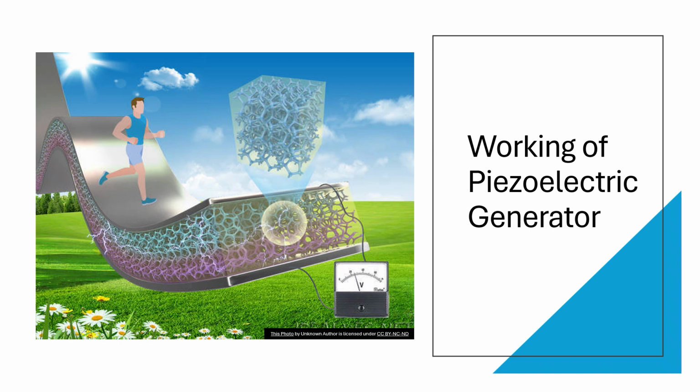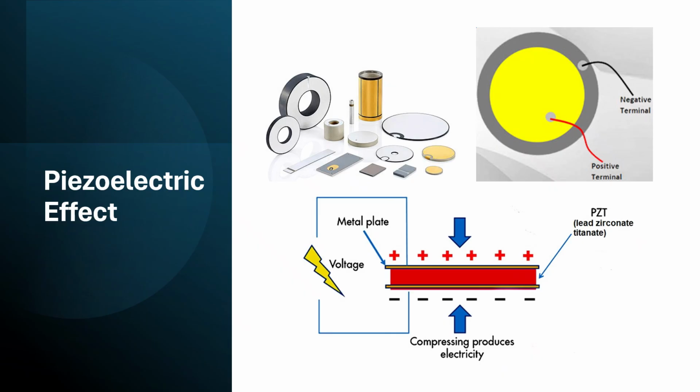There are many types of piezoelectric elements, like quartz, which will be shown in later cases. These are the different types of elements available in different shapes of piezoelectric energy harvesting generators. Piezoelectricity is very simple.